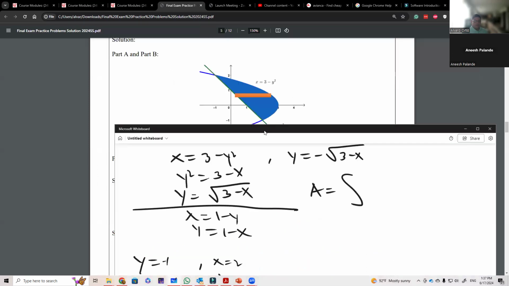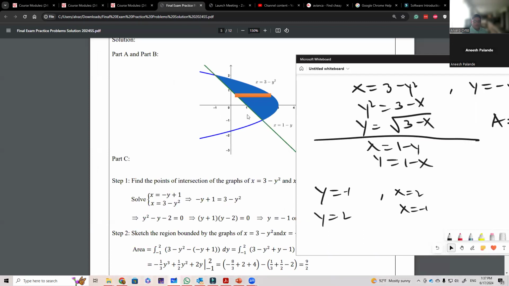So wait a minute. This crossing here is minus 1, and this other crossing here is going to be 2.